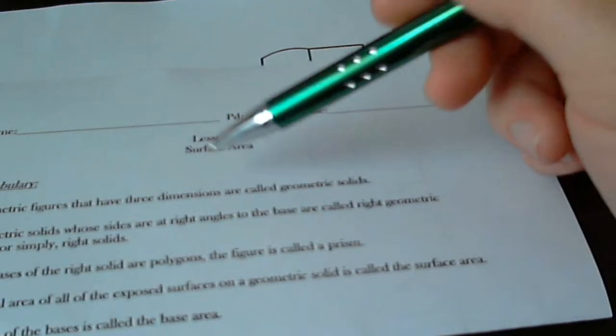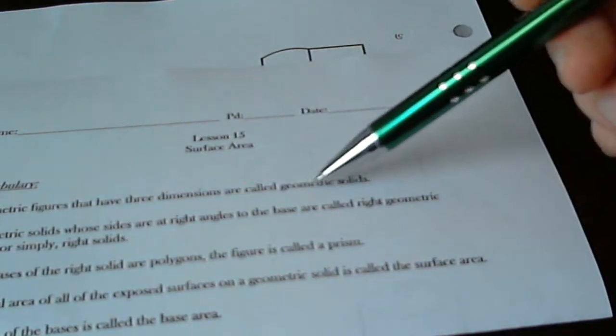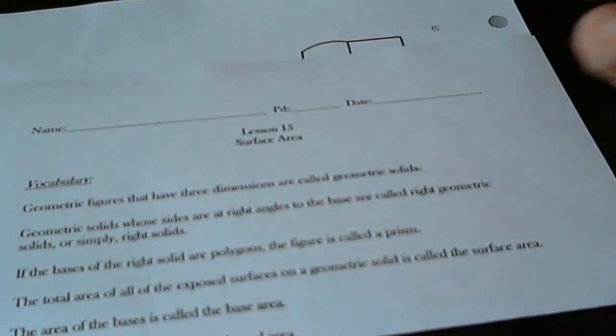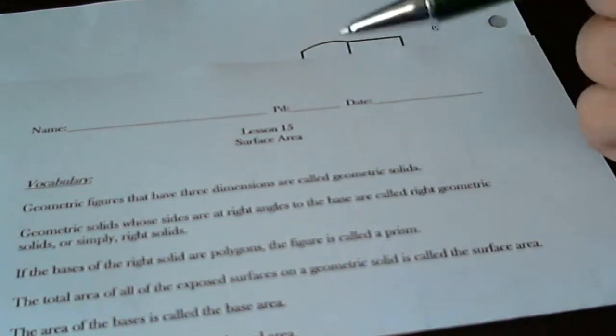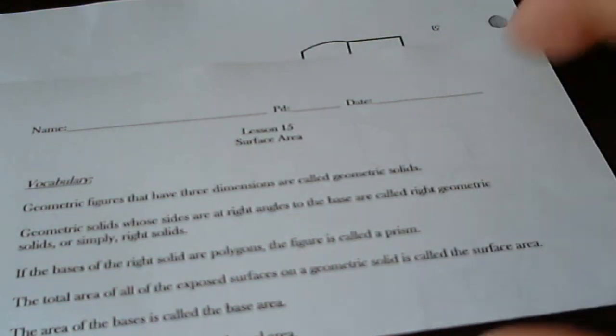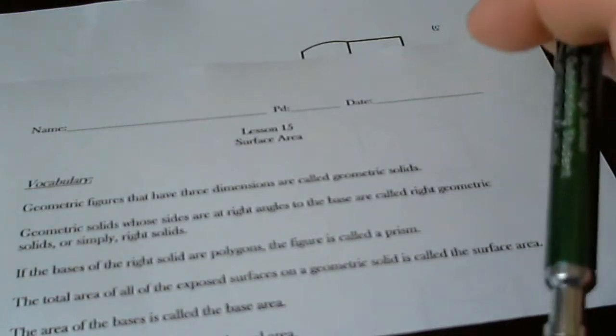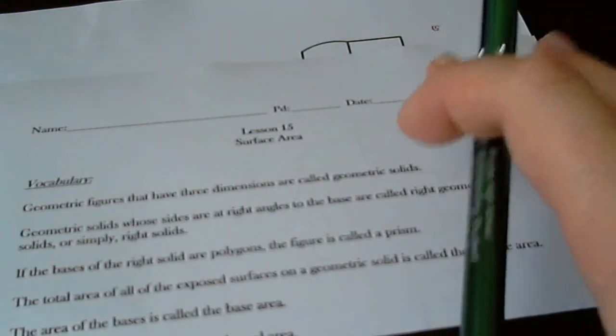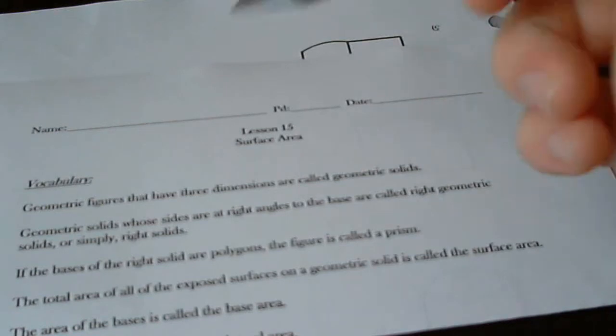Okay, now let's jump into our lesson with this in mind. Some vocabulary first. We call 3-dimensional objects geometric solids. That's what we were just talking about. That's what happens whenever you have a base area and it becomes extruded or stretched up, or it gets a 3rd dimension of height.